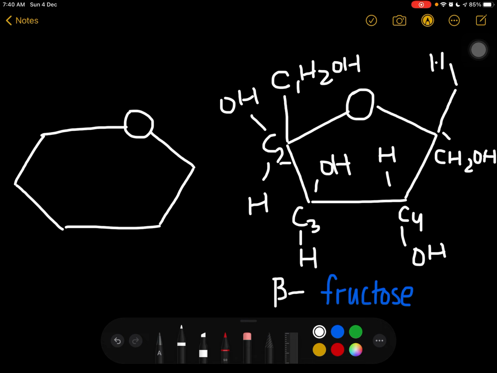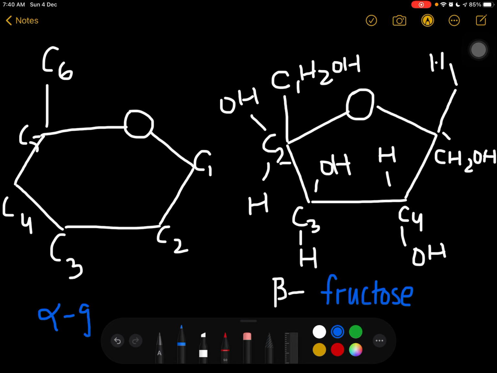Right, so here we are having carbon number 1, carbon number 2, carbon number 3, carbon number 4, carbon number 5, and this is carbon number 6, right? So over carbon number 1, like I said, it should be alpha glucose, right?